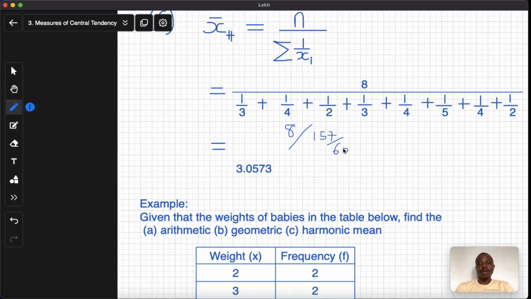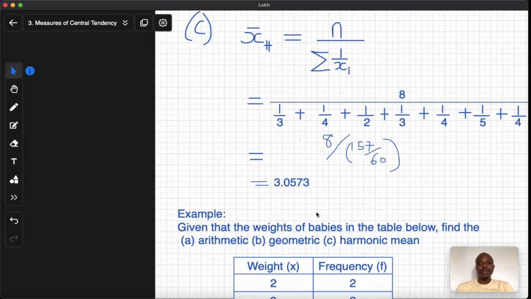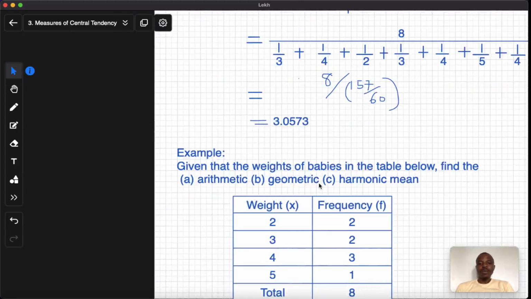So everything you have here in the denominator should give you 157 divided by 60, and that in turn should give you 3.057. So it should give you 3.0573. All right, having got that, we may progress.